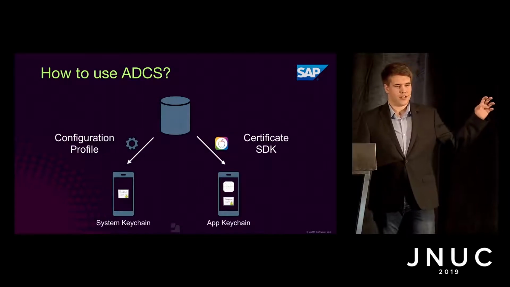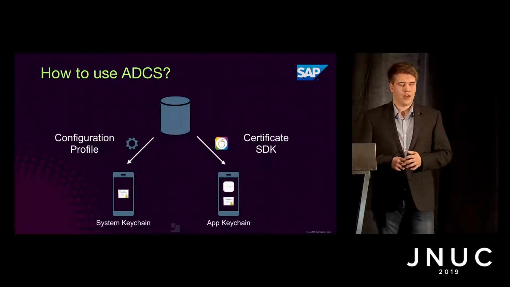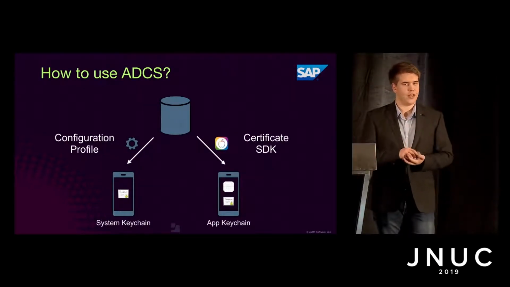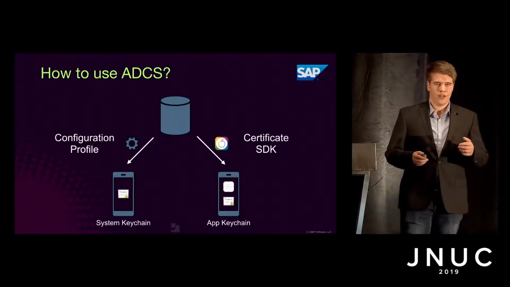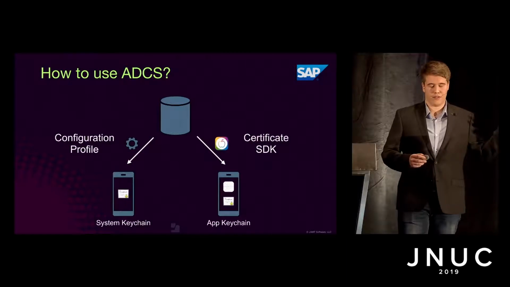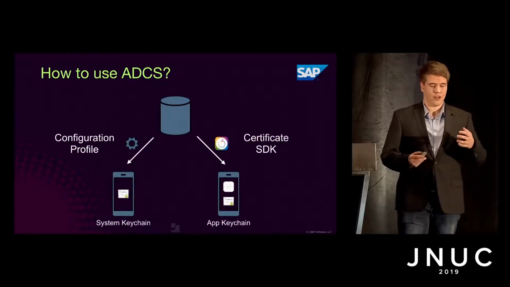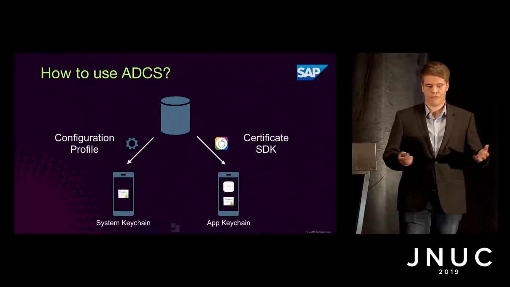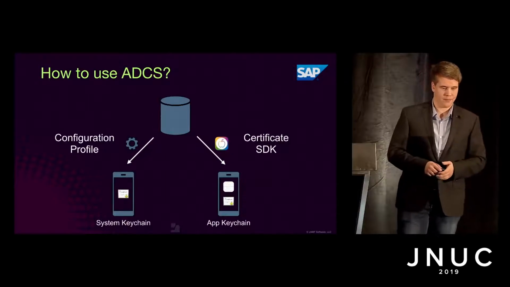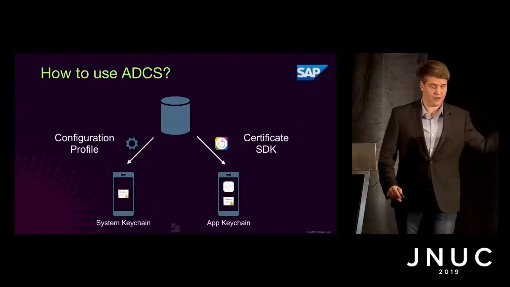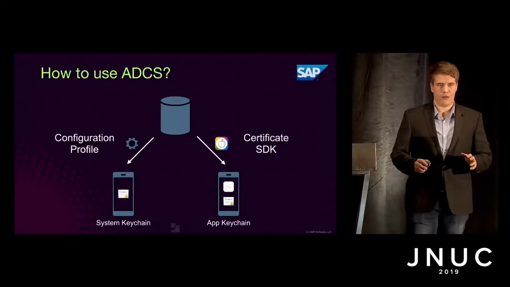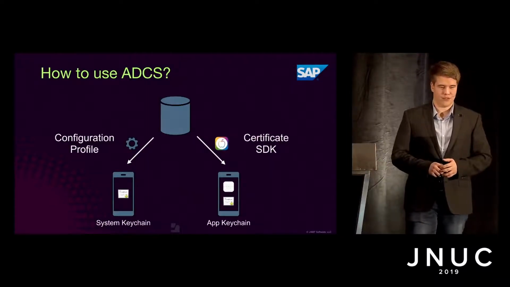So we use that to actually get the same user certificate and put it in a custom app keychain group, so that all of our apps that we develop in-house can access this certificate and authenticate against our services, like an SAP backend, for example. So that's really useful, and our employees love that. Finally get rid of most of their password entries.